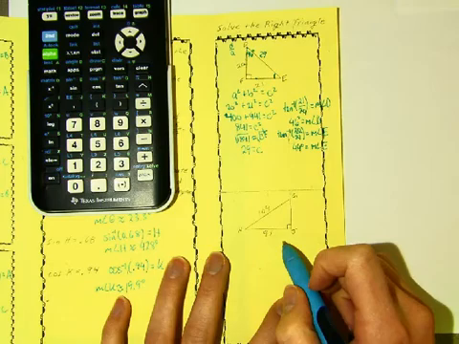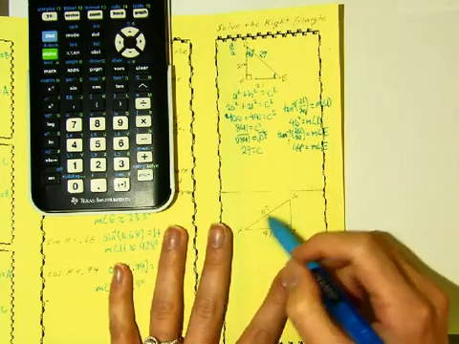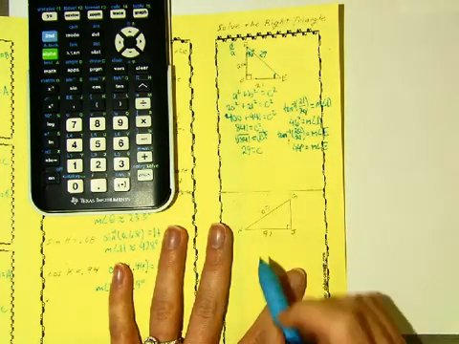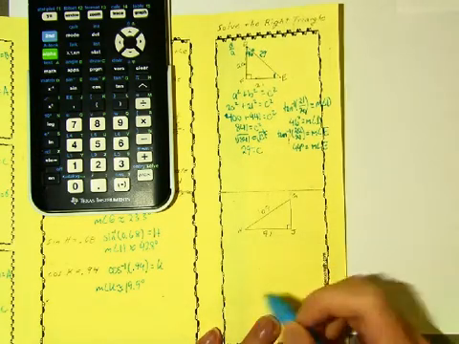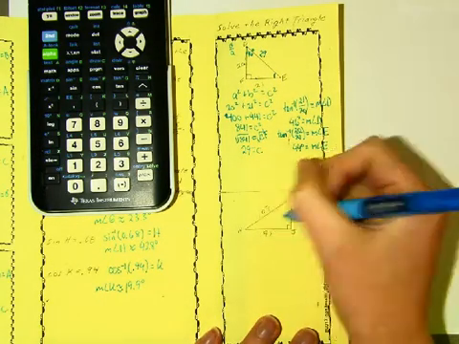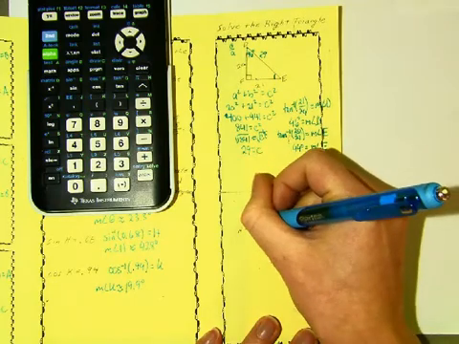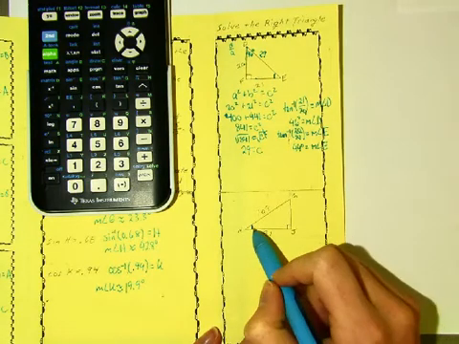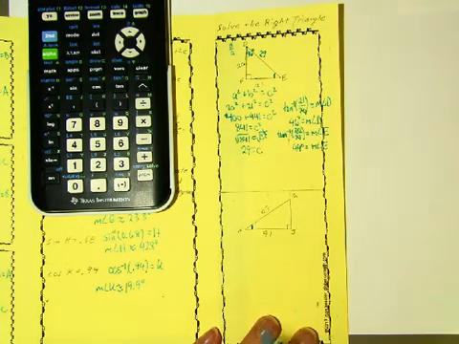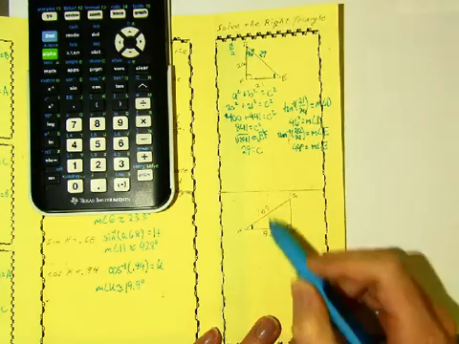So here we have this triangle, and they give us the hypotenuse this time, which is 109, and this leg measurement, which is 91. So let's find the measure of angle H first. So if I'm going to find the measure of angle H, I'm going to look at what I have in relation to angle H. So I have 91 and 109.